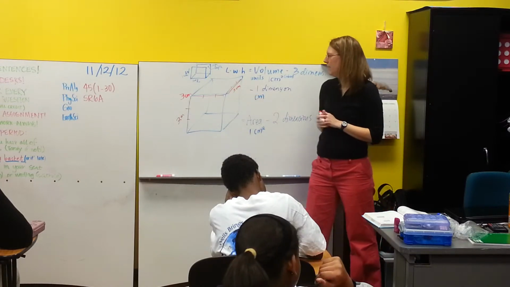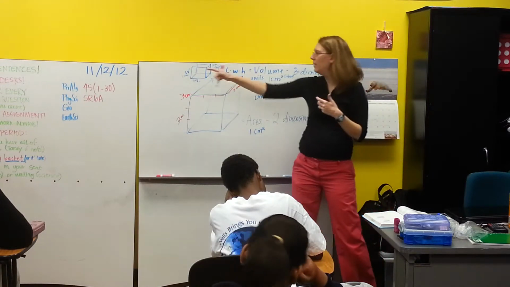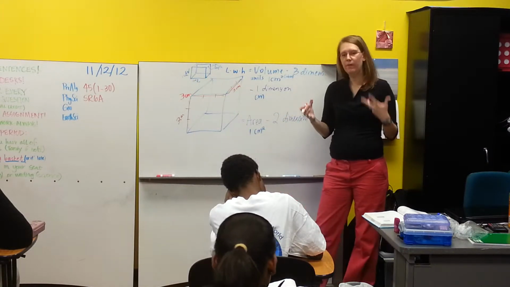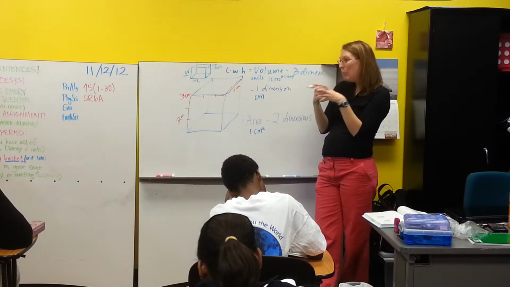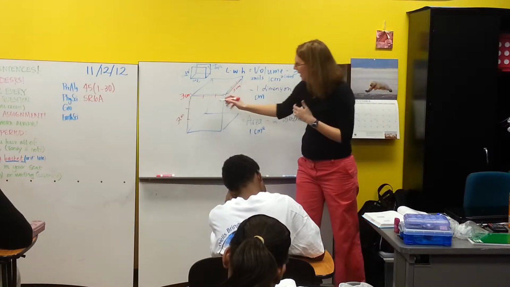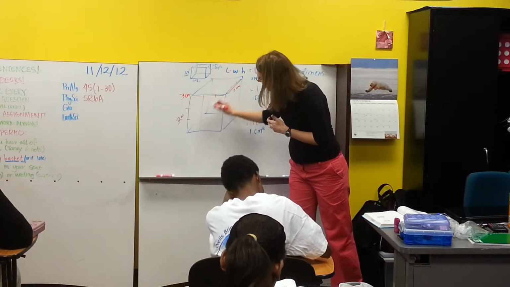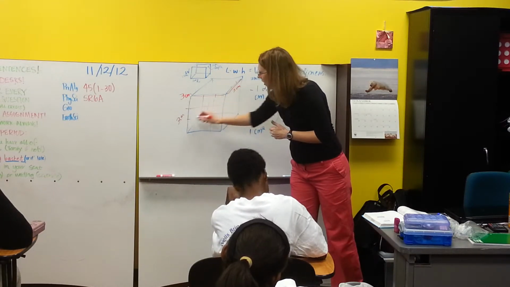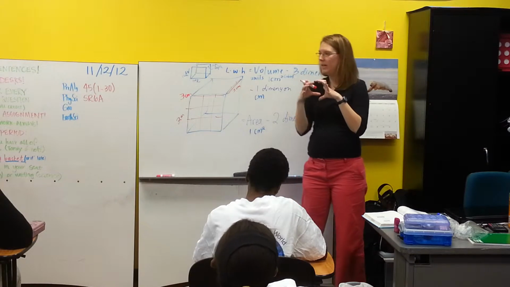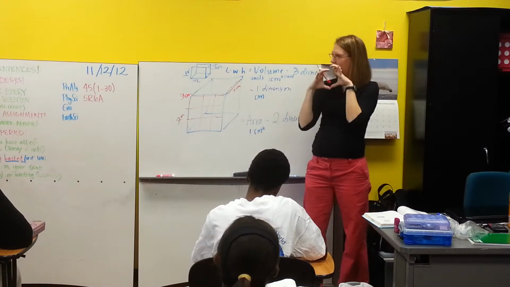Alright, so 3 centimeters. So now, instead of just 1 times 1 times 1, if we actually figure out how many cubic centimeters we've got, one of the ways that we can look at that is literally to break this box down into all of its little sugar cubes. So it takes 9 to make up the area of the front, right? 9 cubes.